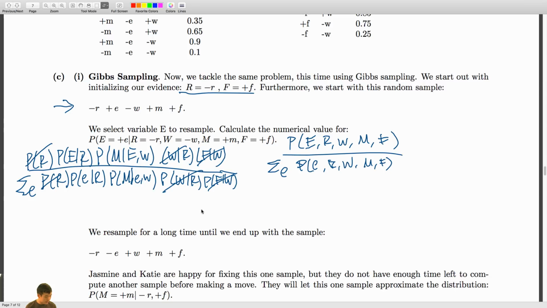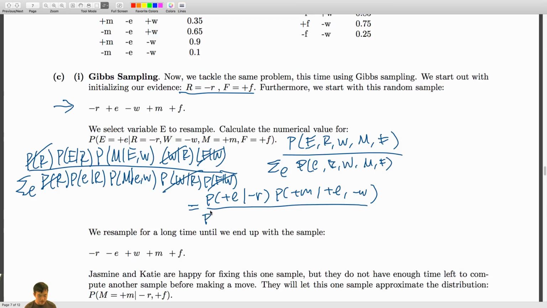If we do this, we can just multiply together values for each of these. So we have the probability of plus E given minus R, and the probability of plus M given plus E, minus W. This is just from assigning values to all these variables, which we have from the factors generated.